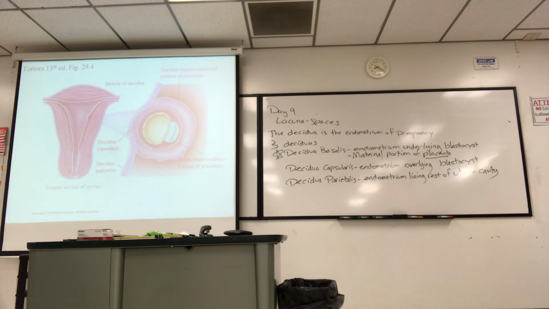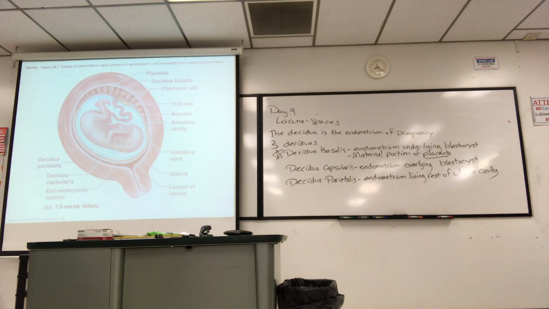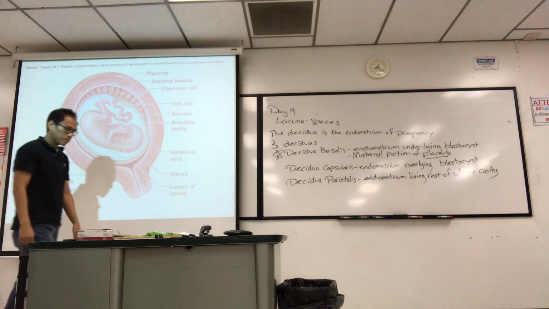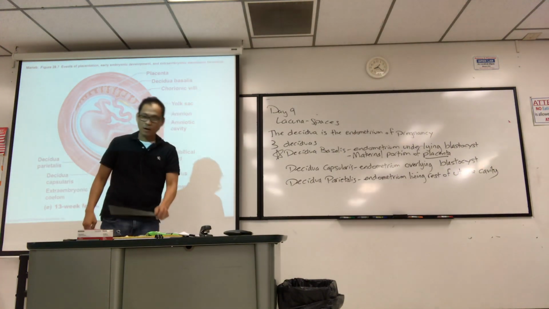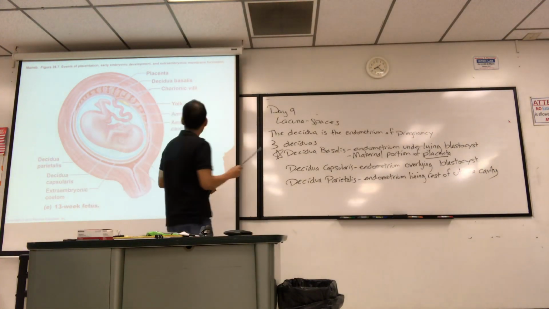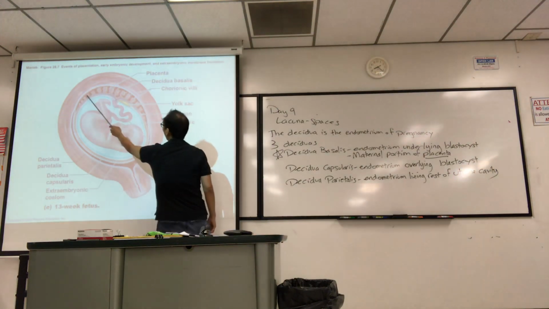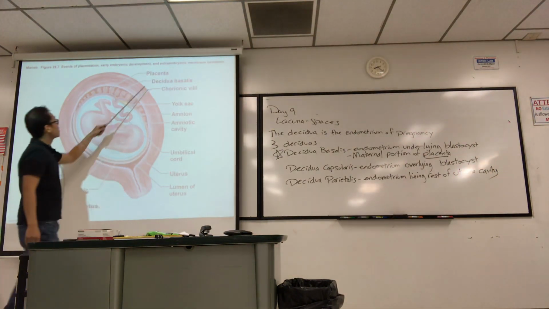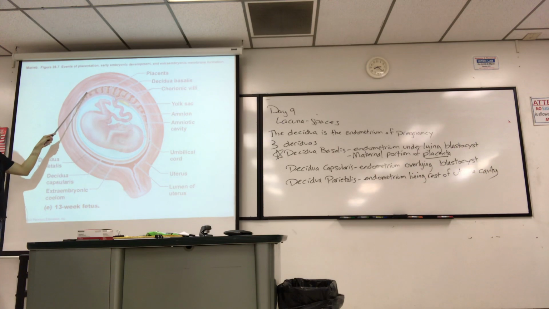Okay, I'm going to fast forward just to teach the three deciduas on another slide. I know students don't like it when I do that, but I'll jump right back. So on a slide like this, where you have much more development, this is 13 weeks, a few months. The three deciduas are, the decidua basalis, this is the part that's underlying, that light pink.